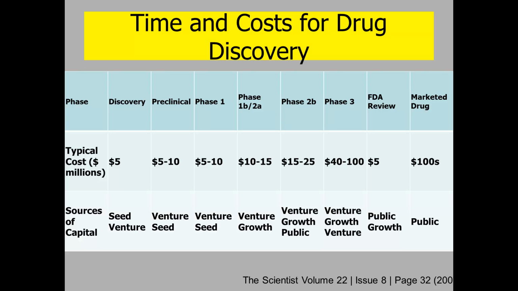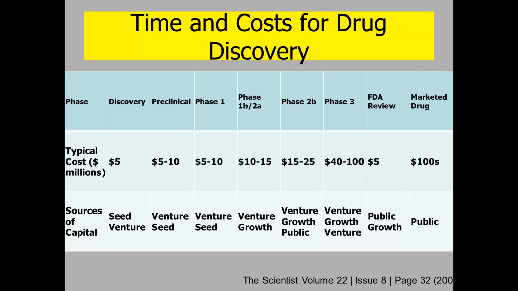So if you're a small startup company and you want to discover a drug, you can raise seed money and venture capital. You might be able to do this on small business grants from the National Institutes of Health, and discover a compound that would make an excellent new drug. But you're going to have to raise more venture capital money in order to enter preclinical.